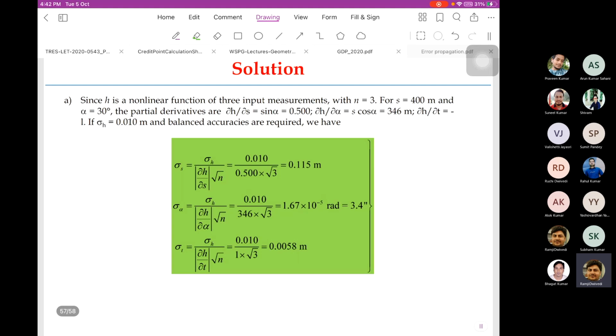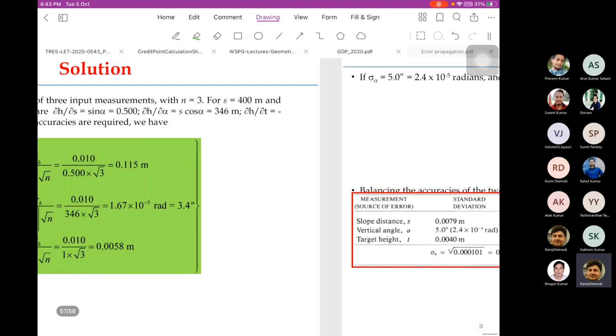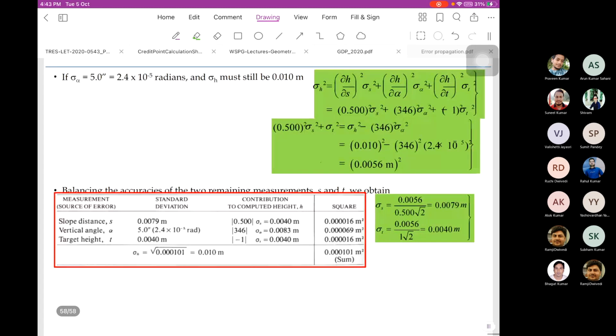It is good that you verify your calculations. That is for the balanced accuracy. Now, for unbalanced accuracy, this is a new step which you need to see.